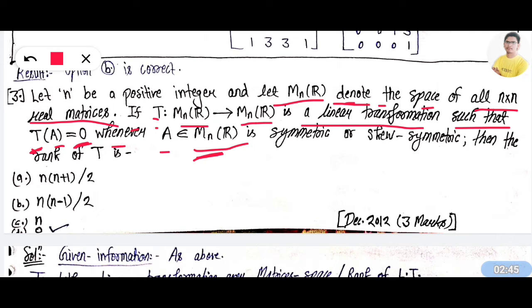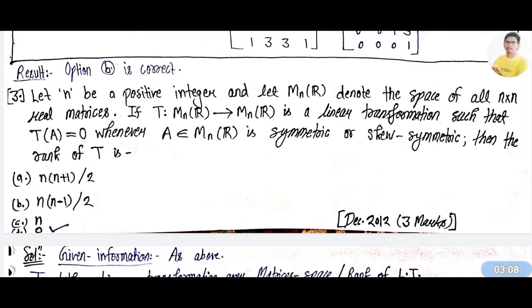Here is a key word of the problem: A belongs to M_n(R) is symmetric or is skew symmetric. This means there is a restriction on the choice of matrices which will map to 0 by the linear transformation T. Those matrices should be symmetric or skew symmetric.